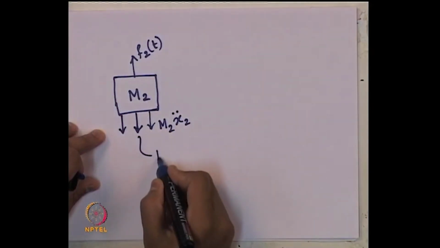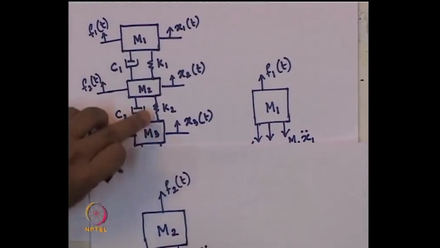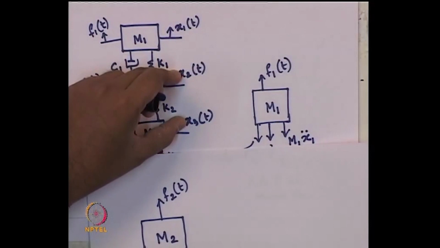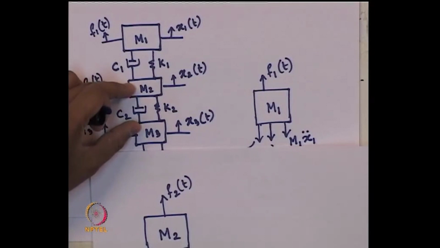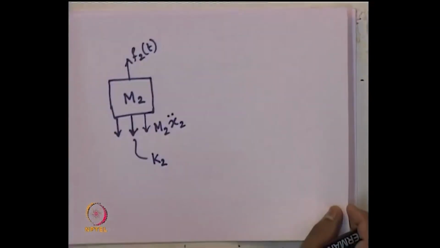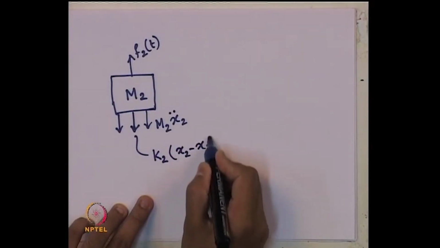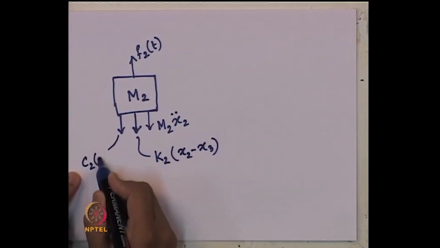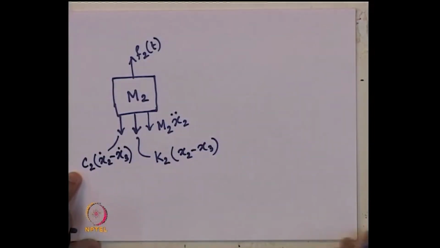This spring force should be K2 times the relative displacement between these two masses, and the damper force will be C2 times the relative velocity between these two masses. So, K2 times x2 minus x3, and this damper force is C2 times x2 dot minus x3 dot. Is there any other force?